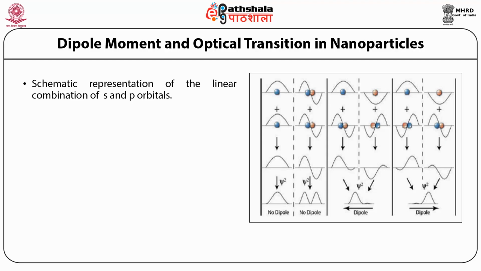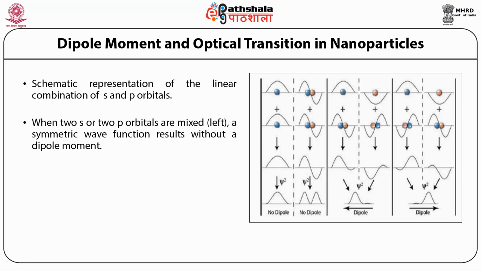So mixing of these orbitals cannot be induced by an oscillating electric field. On the other hand, an antisymmetric mixed state results with a dipole moment when two orbitals with different parity are mixed. So in this case, mixing of these orbitals can be induced by an oscillating electric field.